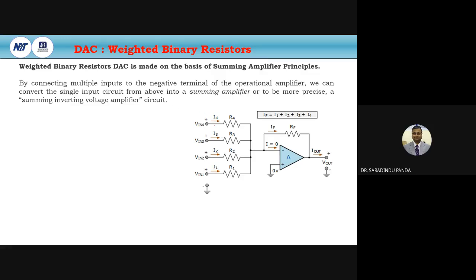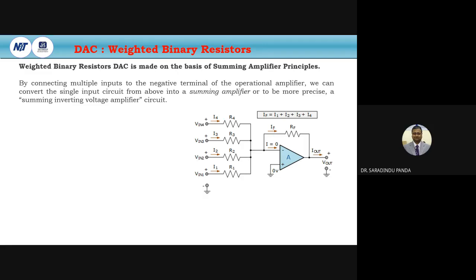Suppose this is the ground, this is the virtual ground. Now if the voltage is Vin4, or the I4 current, then we will get Vin4 minus V0 by R4 equal to I4. Similarly for I1, I2, I3 and I4.